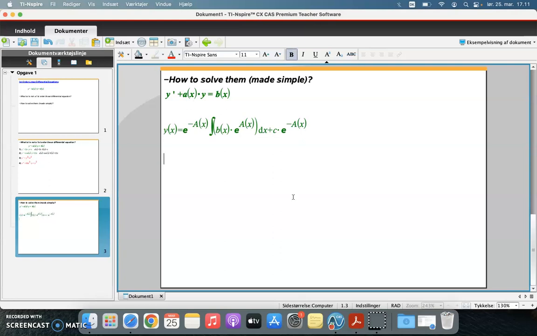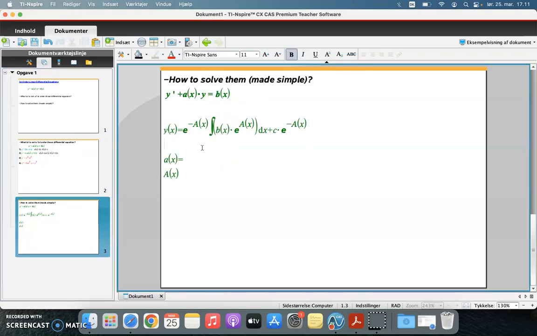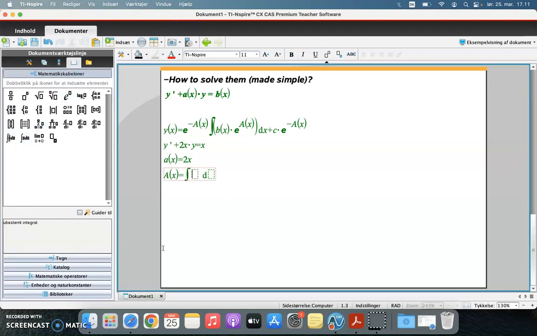So what we need to know is what is A(x), the big capital A(x), and we find that by integrating a(x). So a(x), in this case, was equal to 2x, meaning that capital A(x) is the integral of 2x, which gives us x squared.